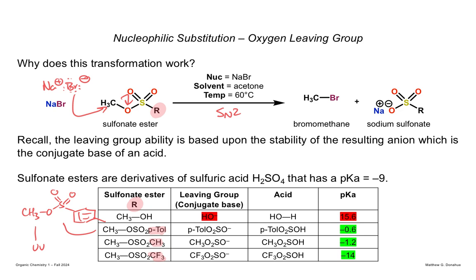The next one, the R group, is just methyl. And then the last one is the mother of all leaving groups. It has a CF3 group instead of CH3.